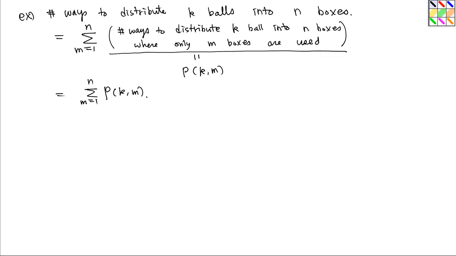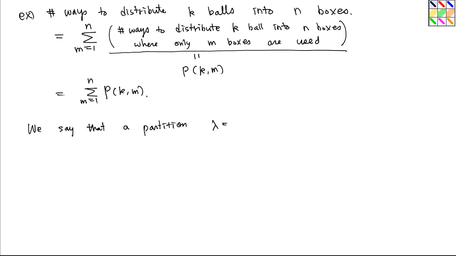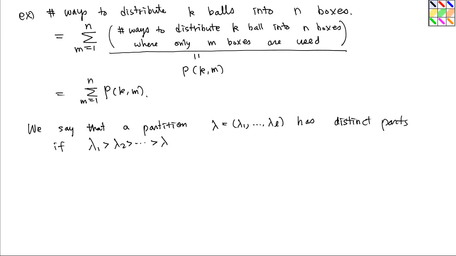Alright, we can also consider partitions with some more restriction. We say that a partition, say lambda 1 to lambda L, has distinct parts if the parts are distinct, literally. So lambda 1 less than lambda 2 less than, no equality.